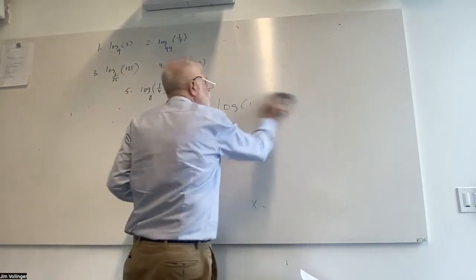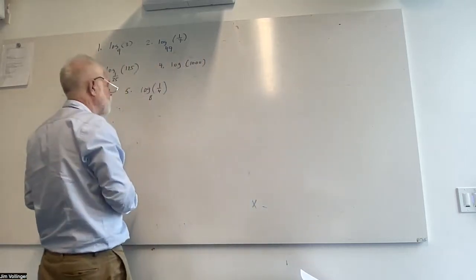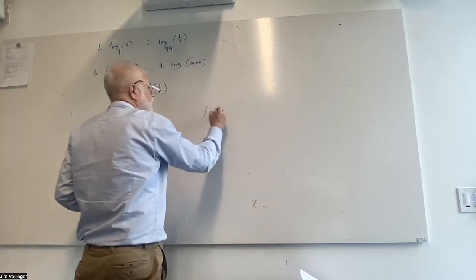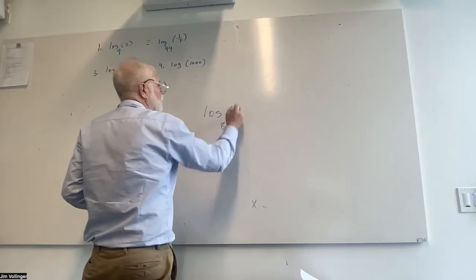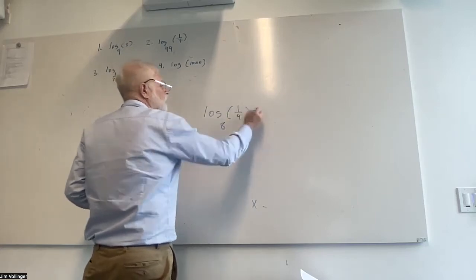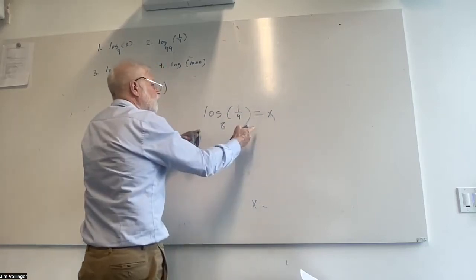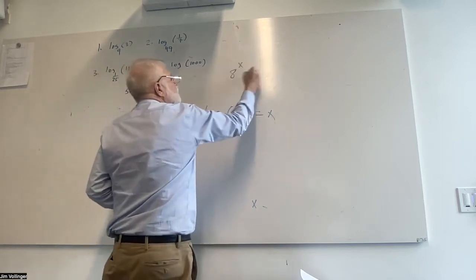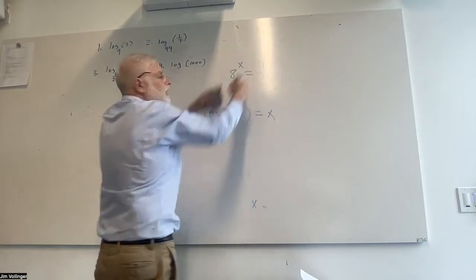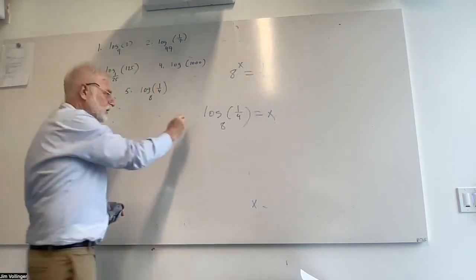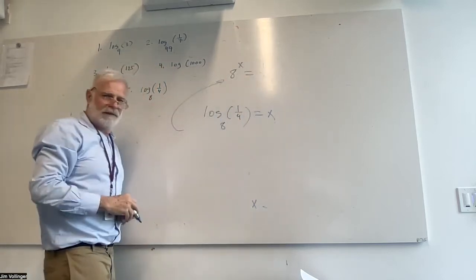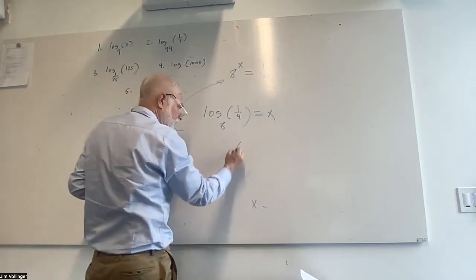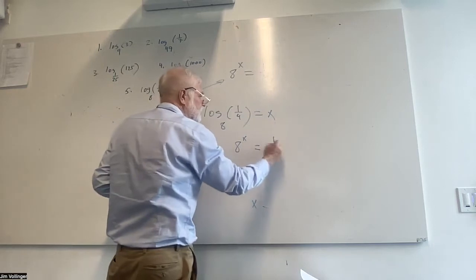All right, last one. And finally got something other than a square and a square root. So I've got log base 8 of 1/4. This is called exponential form. Rewriting that, 8 to the x equals 1/4 is exponential form. We change to exponential form and then we work with it. All right, so I'm going to change this to exponential form here so I can line up those equal signs.